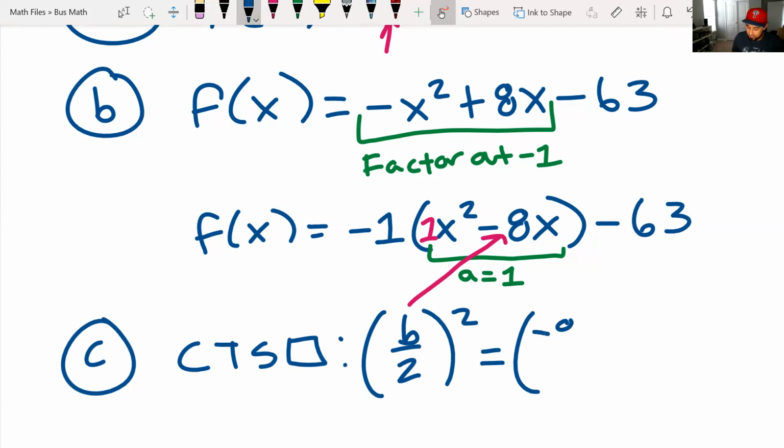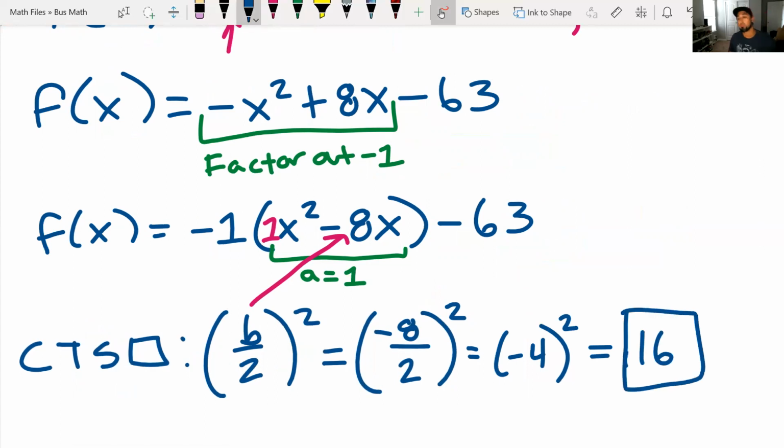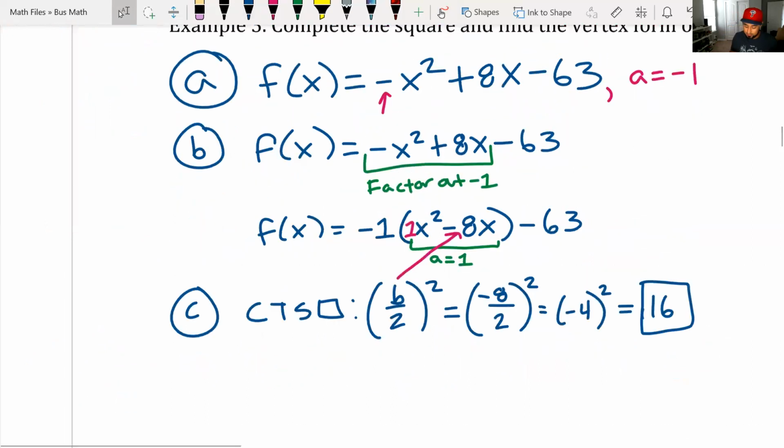You get -8 over 2 squared. Simplify. -4 squared gives me 16. Okay. Here is the number we get from completing the square. And now, we got room. Yeah, I can go to step D here.